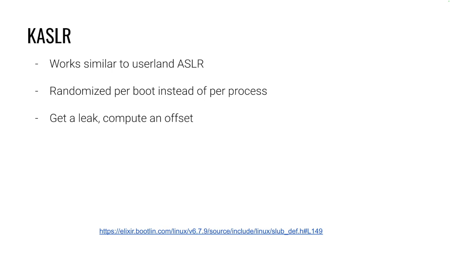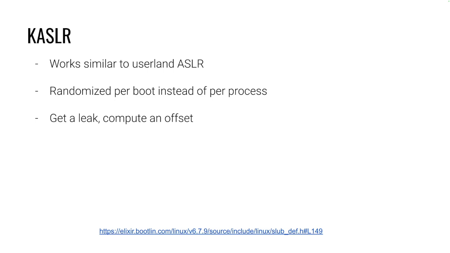And so KASLR randomizes these addresses per boot. The addresses obtain their randomized bytes when the system first starts up, and it's going to be a constant from the time that the system has booted until the system shuts down, and then it would be re-randomized next time the system starts up.